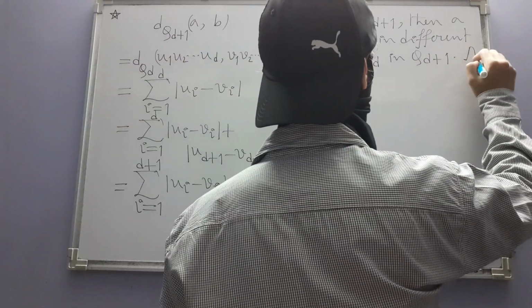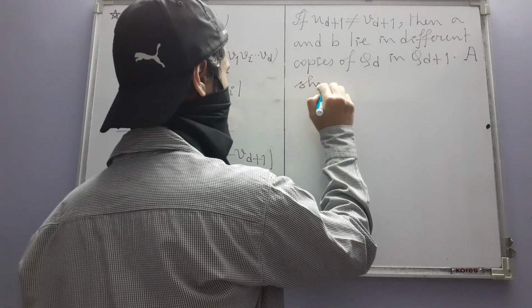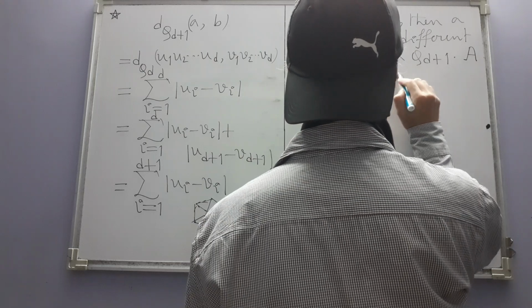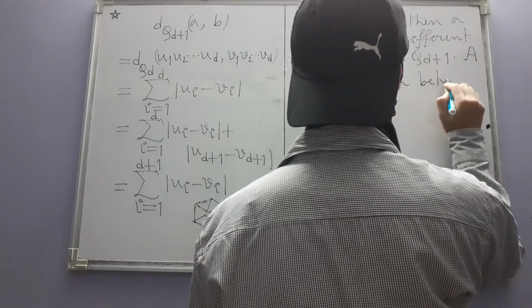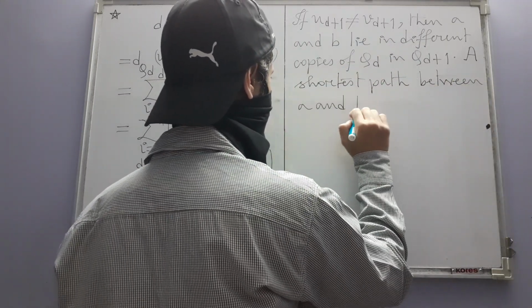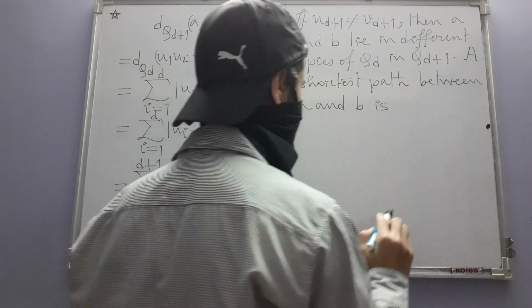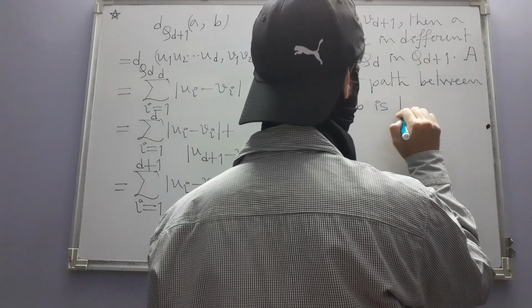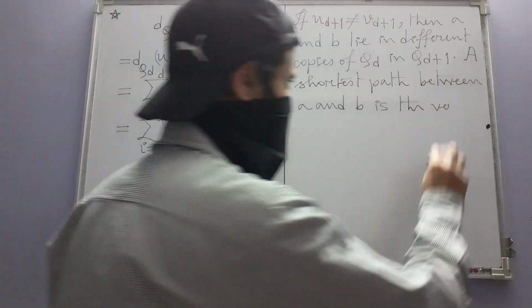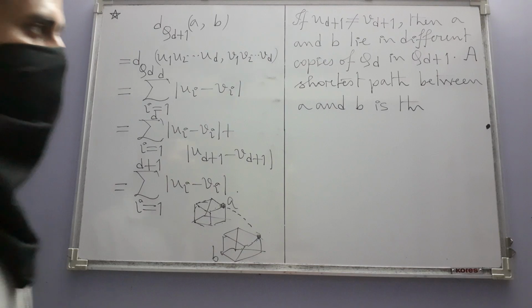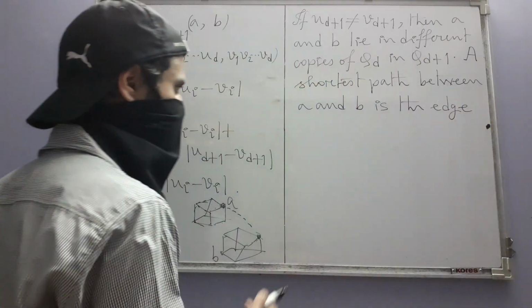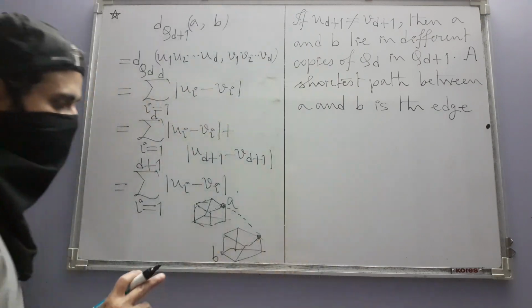So that is why a shortest path between A and B is the, not vertex but edge, is the edge, or you can do one more thing also.